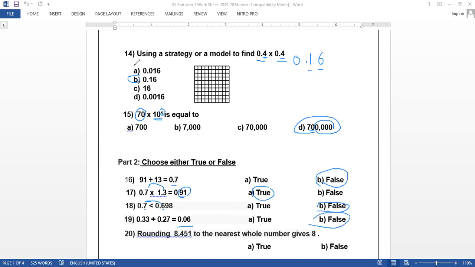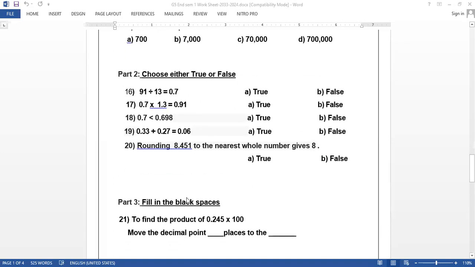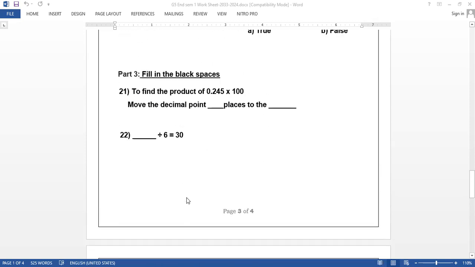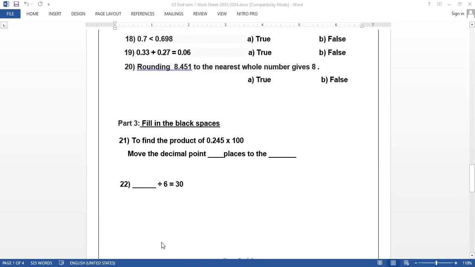Rounding. Now we'll go to rounding. Round 8.451 to the nearest whole number gives 8. Let me check.